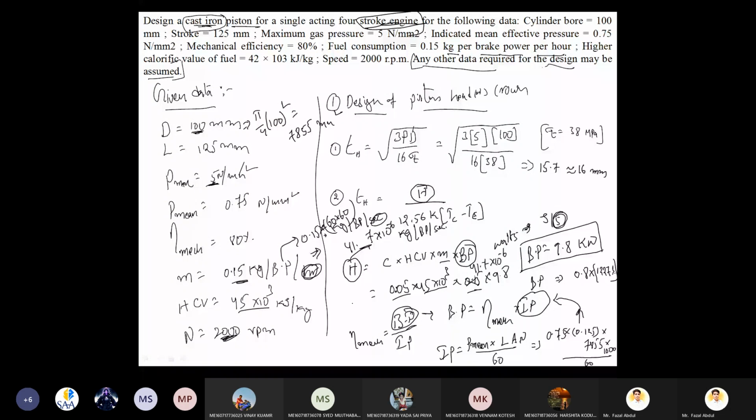0.05 into 45 into 10 to the power of 3, 1000 into 41.7 into 10 to the power of minus 6 into 9.8.